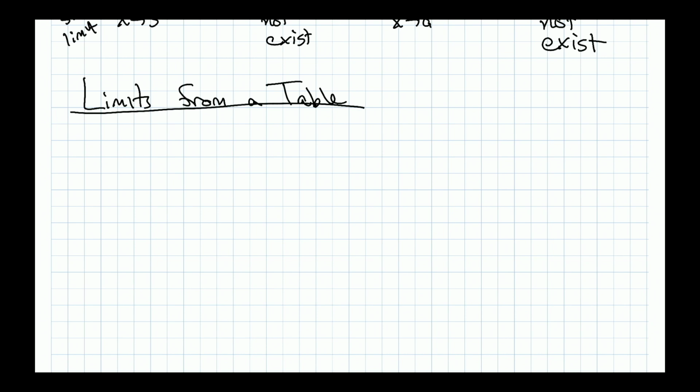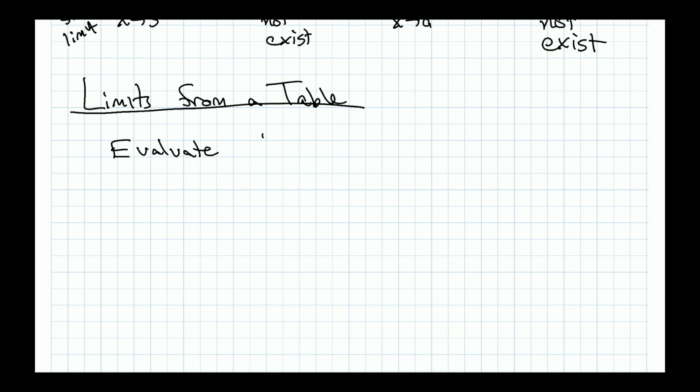All right, so let's say we want to do this. Let's say we want to evaluate, okay, I was trying to think of something and I couldn't, so we'll try this one. It'll be pretty simple.